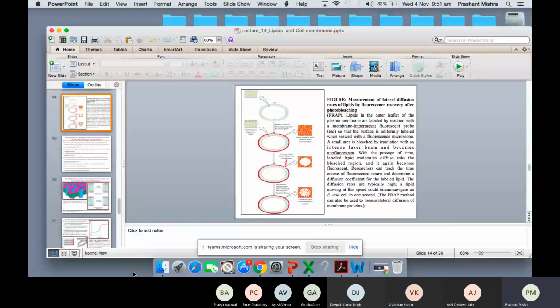Membrane structure is over, the function part will start. Any question? What is the syllabus for the minor? Whatever is covered before the minor will come in the minor. Okay, thank you.